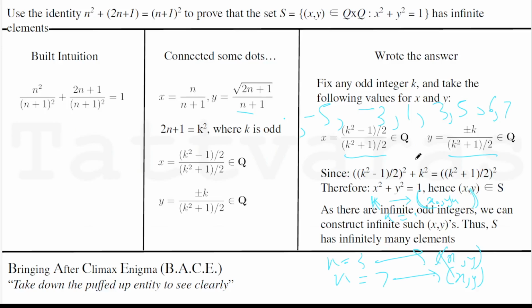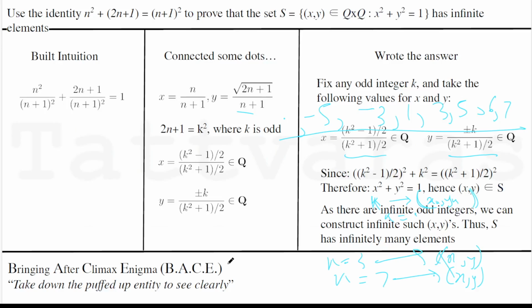So even if you use all these k and make elements for set S, and because the set has to have distinct elements, even if you remove the common or repeating elements, you would still have infinite elements. And that's it.